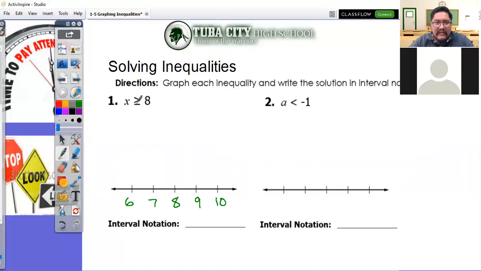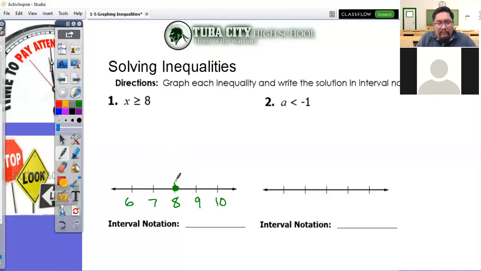X is greater than or equal to 8. And this is kind of like half of an equal sign. It's like the bottom half of an equal sign. So in this case here, we need a closed circle, because in this case, I can pick 8. If I pick 8, 8 is greater than or equal to 8, that's true because it says or equal to.